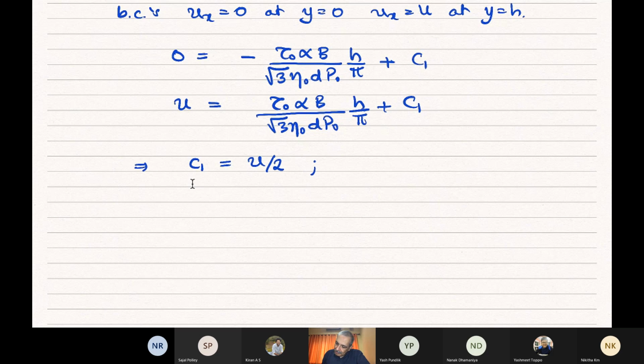So from the second one, what I will get is that instead of c1, I'll put u by 2 is equal to tau 0 alpha b into h by pi. So now through this second boundary condition, I can find out the other unknown coefficient, which is b.